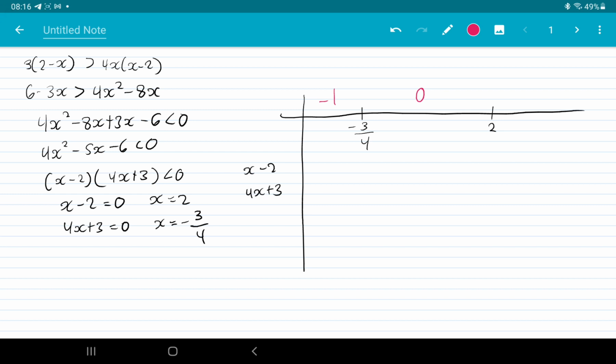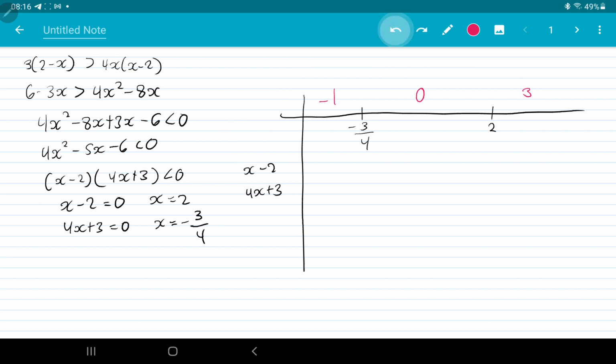But I like to use 0 because it's the simplest number that can be used. And then for more than 2 it can be 3. So right now we can substitute each value into the factors. For example, negative 1 goes here, and 0 and 3.